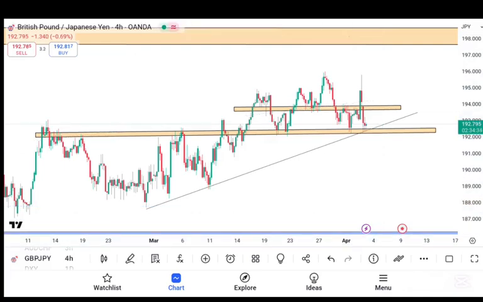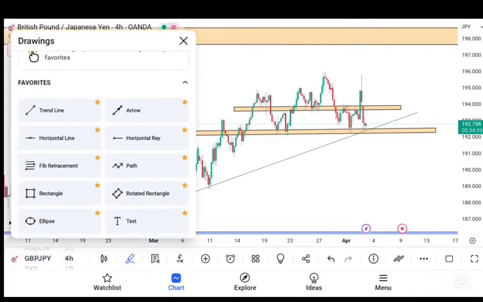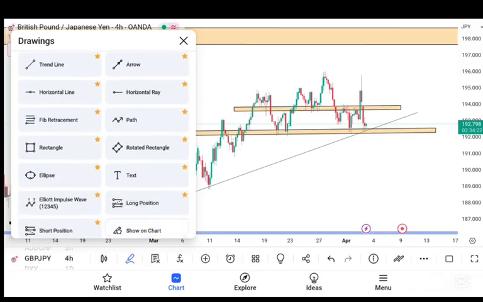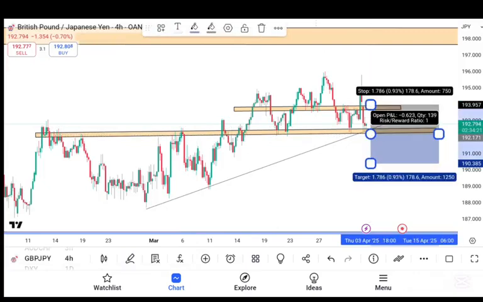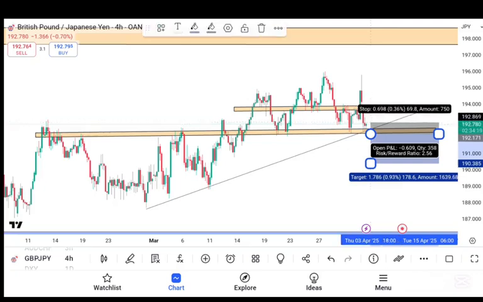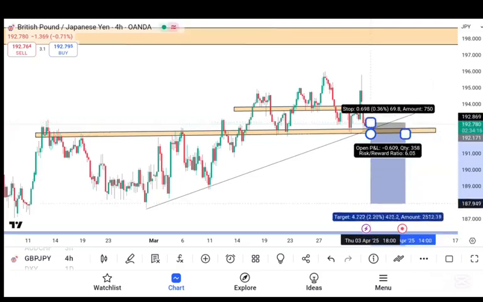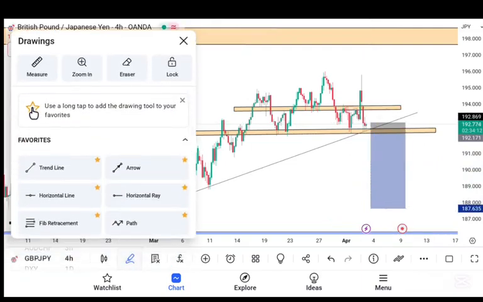That is our overall target. You need a breakout and a retest somewhere. This is our target.